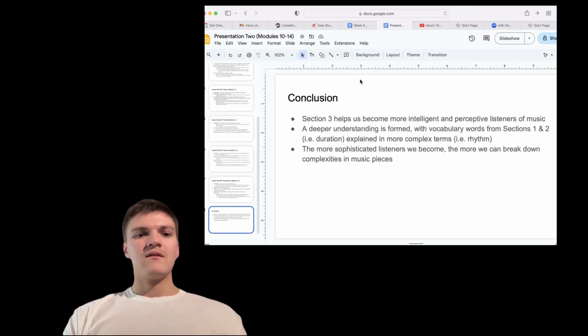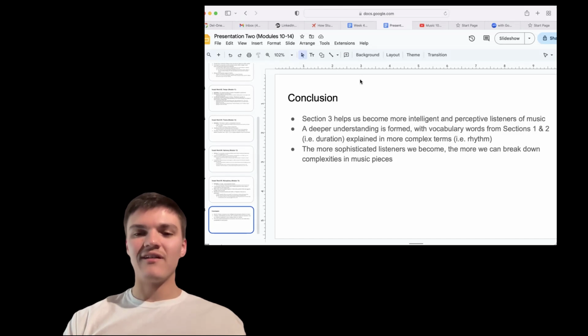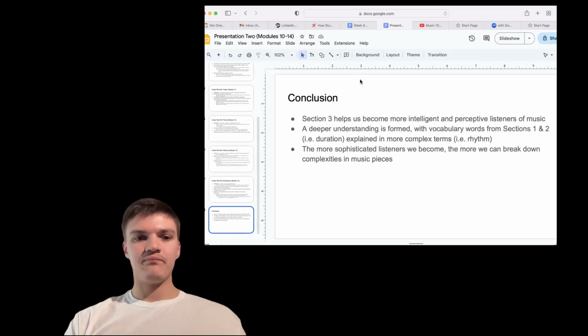So, what is the main thing that should be taken away from these modules? Section 3 helps us become more intelligent and perceptive listeners of music. With this better intelligence and perception, we can have a deeper understanding of music.